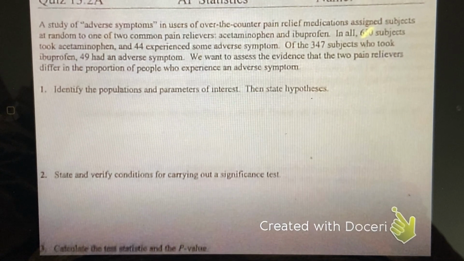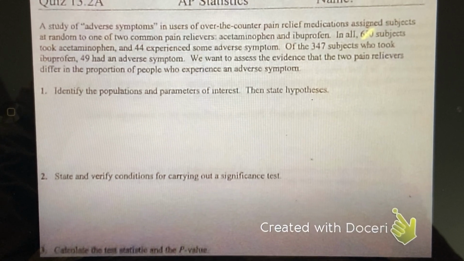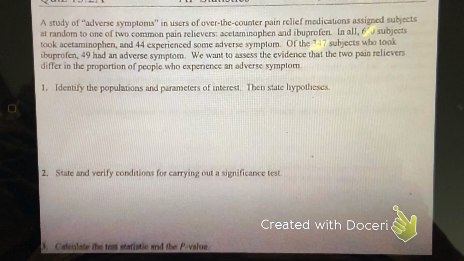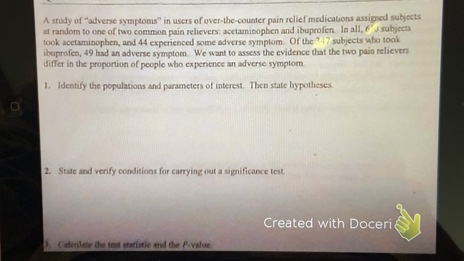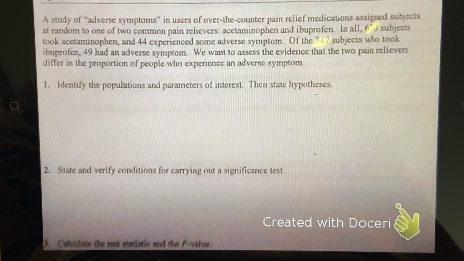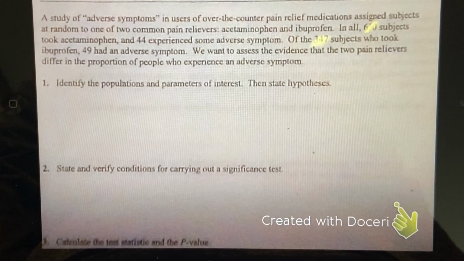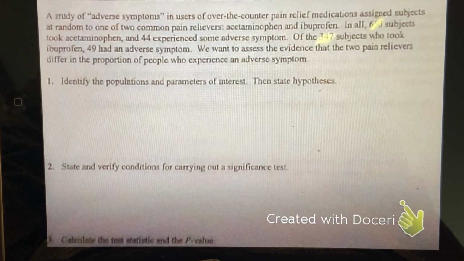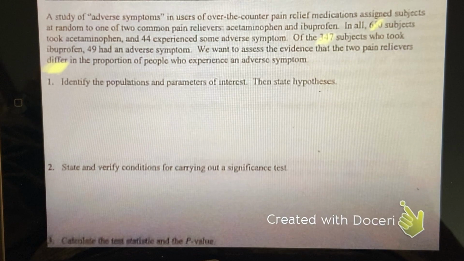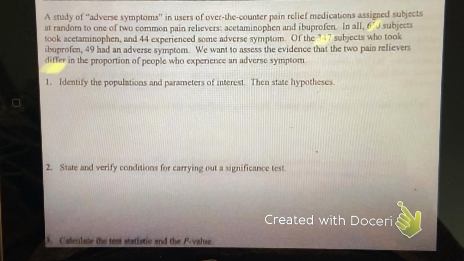So I'm going to scratch through the two sample sizes. I've got 650 who took acetaminophen, and then 347 took ibuprofen. And we're just going to look at the adverse symptoms and see if indeed they differ. Okay, that's going to come into play too when I set up my H0 and Ha.